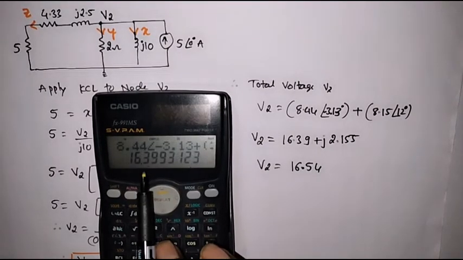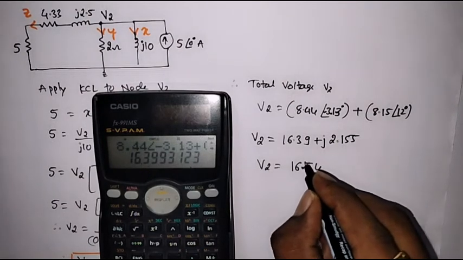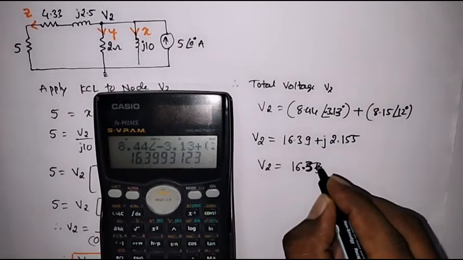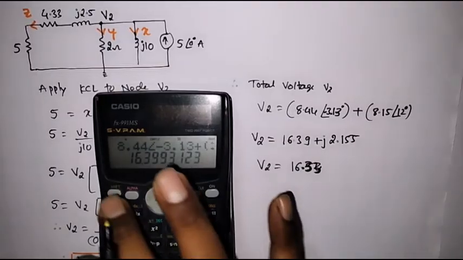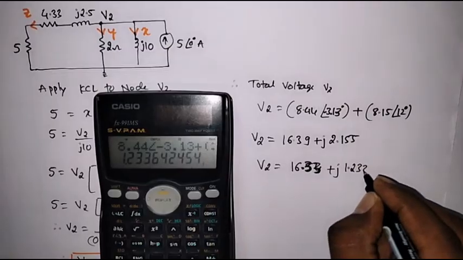It gives the result in rectangular form, that is 16.33 plus j 1.233.